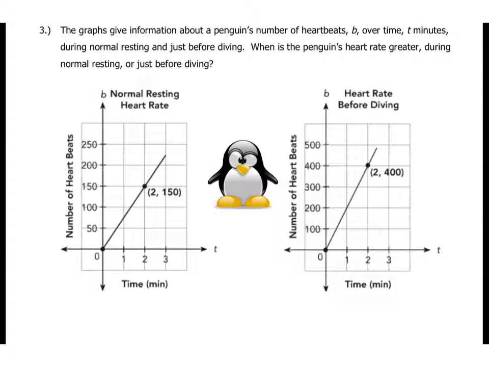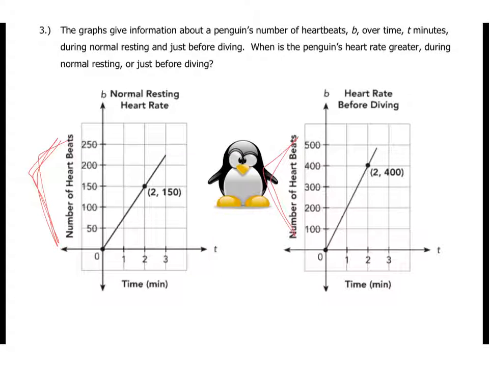The graphs give information about a penguin's number of heartbeats, b, over time, t, minutes, during normal resting and just before diving. When is the penguin's heart rate greater, during normal resting or just before diving? It might be interesting to look at which one has a steeper rate, but what you really have to pay attention to are these numbers on the y-axis. You'll notice on the left-hand one, they go up by 50s, but on the right-hand one, they go up by 100.